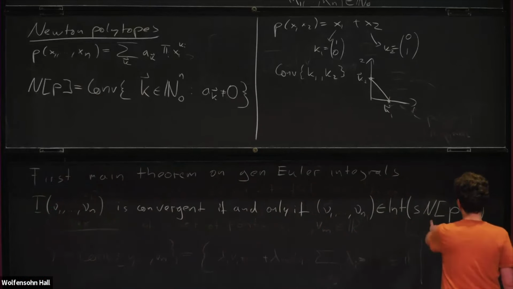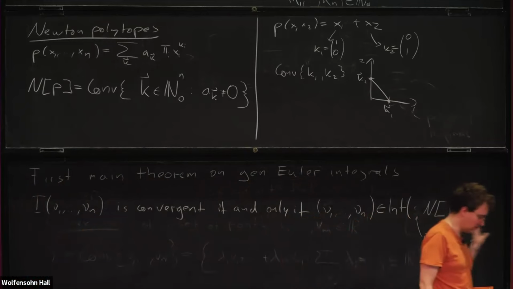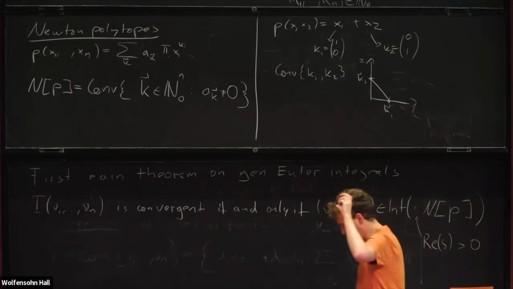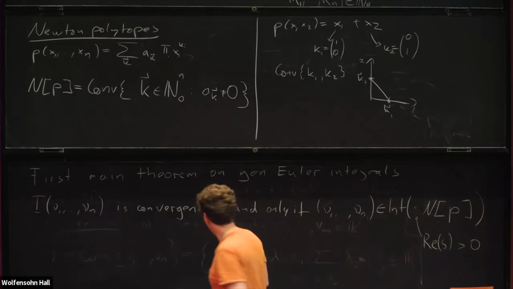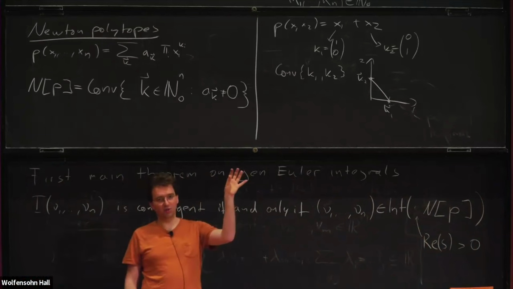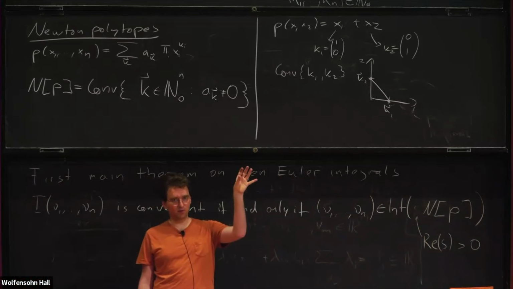I have a question as well. How does this work in the case of the original parametric representation where you had polynomials in the numerator and denominator? Yeah, so I went to this Lee-Pomeransky representation because I wanted to only give you the simple case. But in this more complicated case with the numerators and the denominators, you have to have some containment of the Newton polytope of all the stuff that is in the numerator.